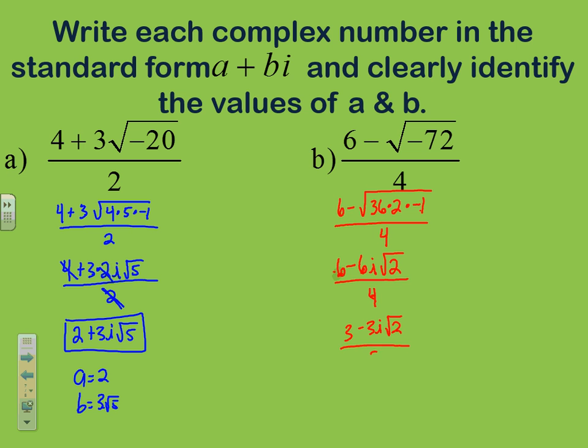So we wind up with 3 over 2 minus 3i square root of 2 over 2 as our simplified form of that number. And again, the a term is going to be 3 over 2. The b term will be -3 radical 2 over 2.